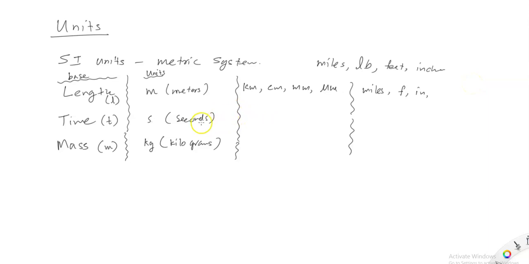Time is measured in the standard unit of seconds, but then we have hours, minutes, years maybe. And for mass we have kilograms, then we have grams, milligrams, micrograms, and pounds maybe. So for all our calculations, most of the time we're going to stay with the standard units, meters, seconds, and kilograms, unless the problem asks you to use a different unit.